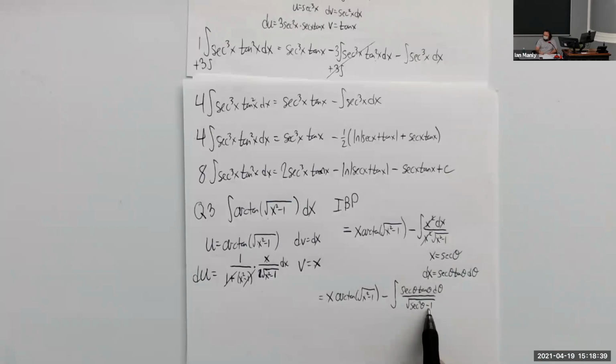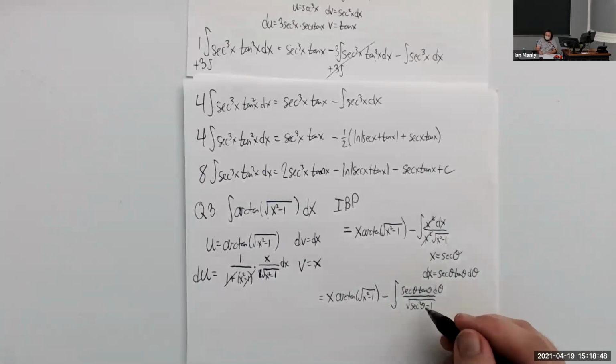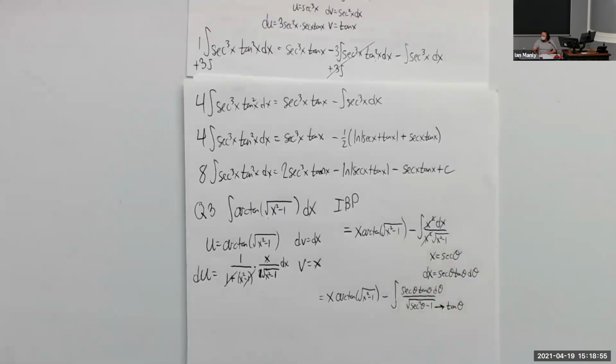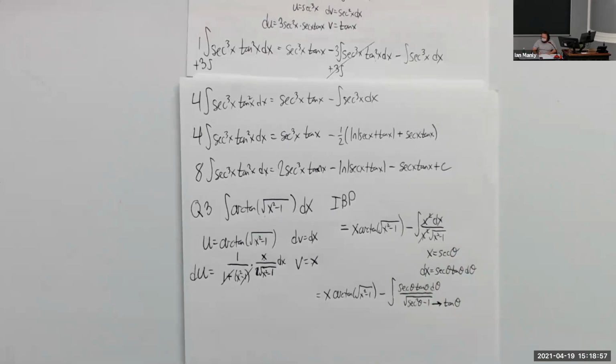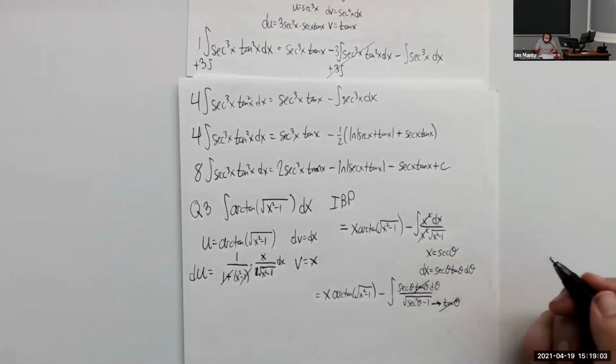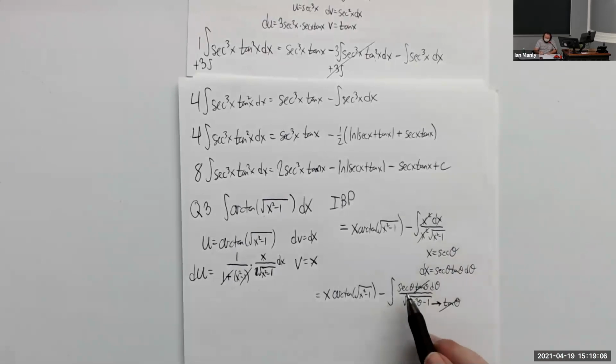Well, inside the square root will be tangent squared, and then we do the square root, and we actually just get tangent. So this is going to turn into tangent of theta right here. Now that's very convenient because if this is tangent of theta, it will cancel with the tangent of theta up there. So what we're really doing is just integrating secant of theta d theta right here.